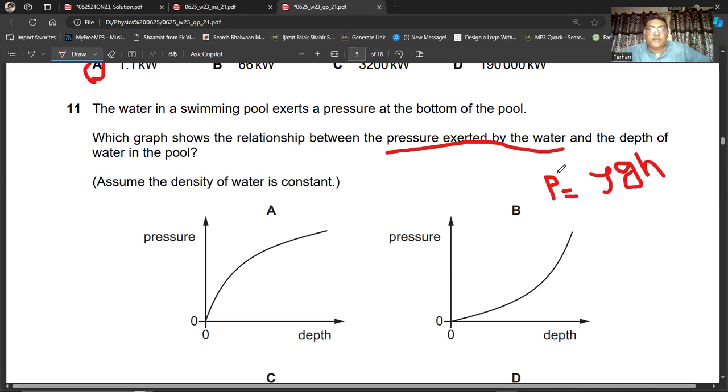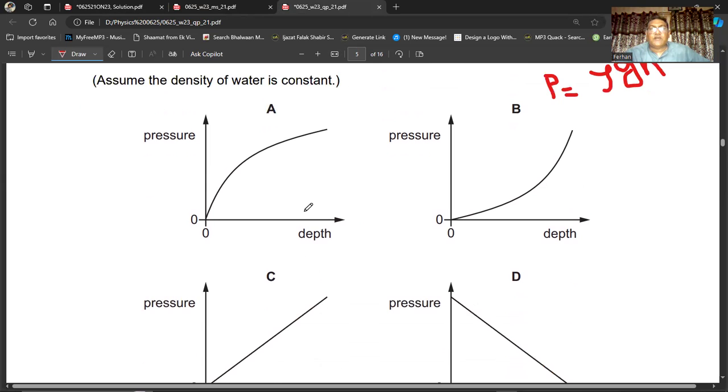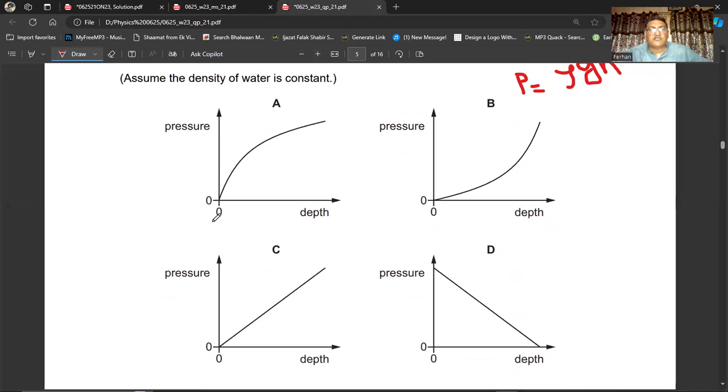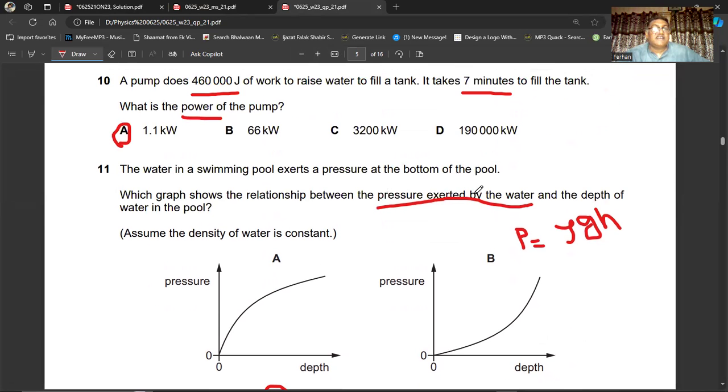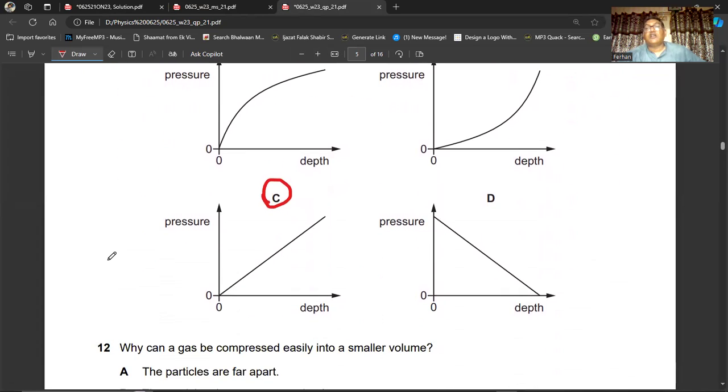So the relationship between the pressure and the depth of the liquid is directly proportional. So it should be C. This word is very important. You see, even if the depth of the water above the point of observation becomes zero, still the atmospheric pressure is acting on the body.